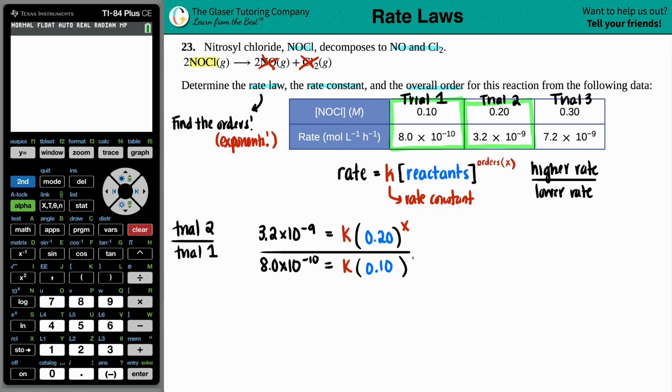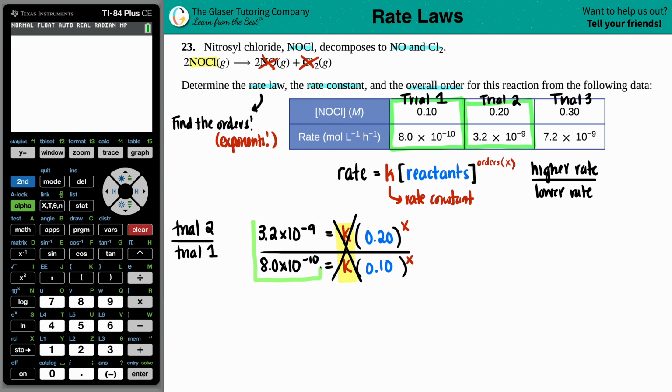So if I label this as X, I'm going to label this as X as well. And now all it is is just simplifying, right? And look here, guys. K divided by K. Technically, it's going to be a constant number, and it's the same variable. So even though I don't know it, bye-bye. Don't care.